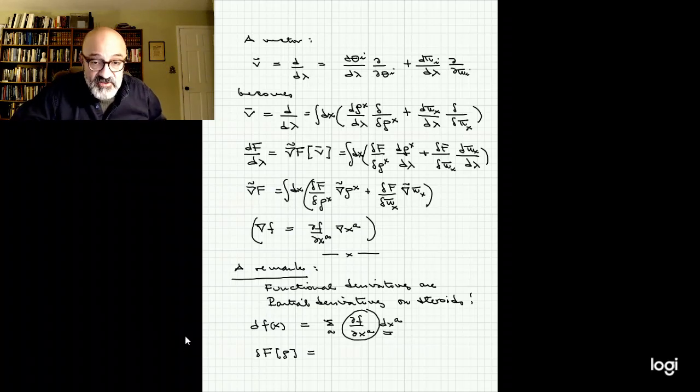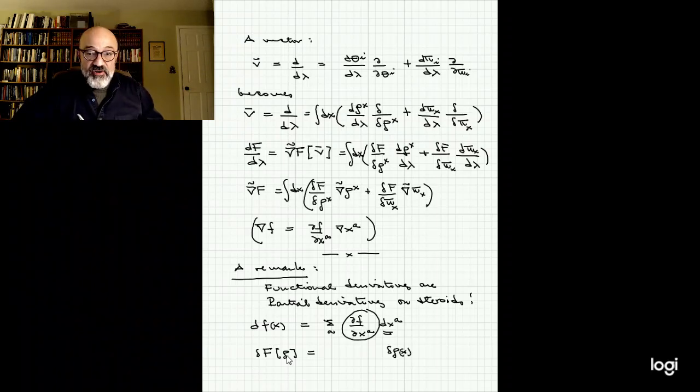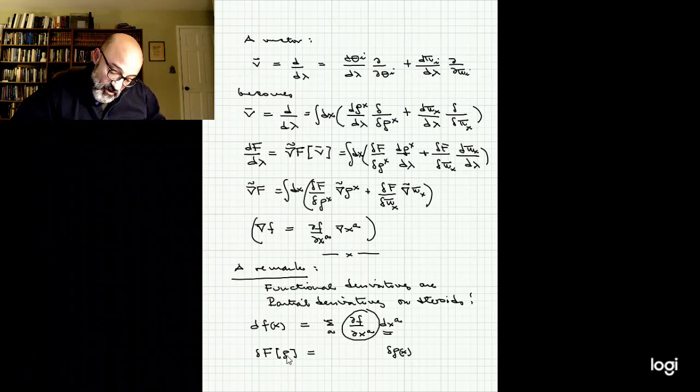We're going to figure out how the functional f varies, changes, when you change rho. So now imagine that you have a small change in rho. The coefficient of that small change is what we're going to call the functional derivative.